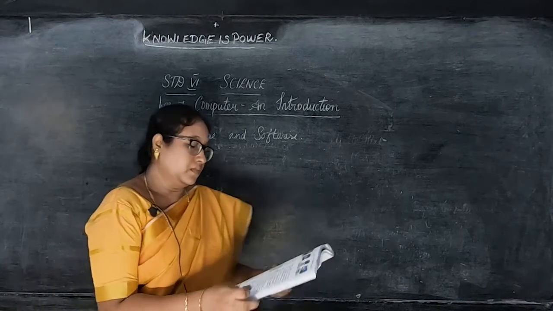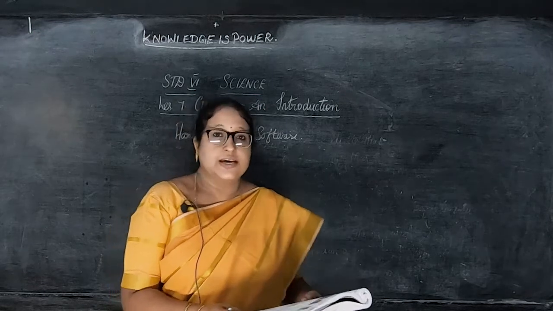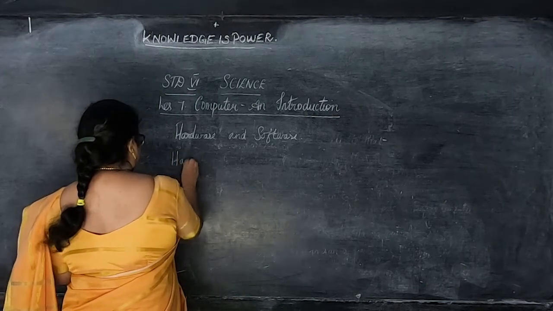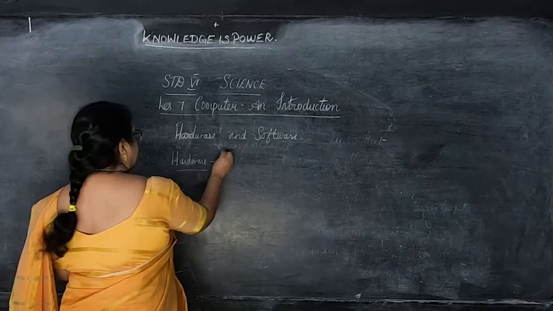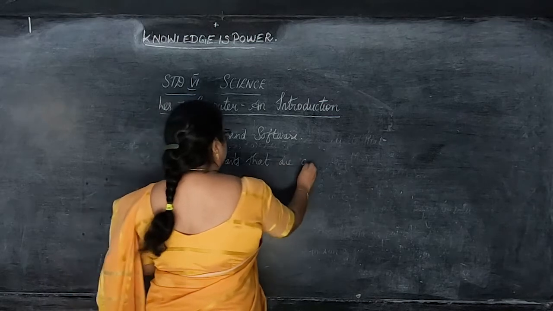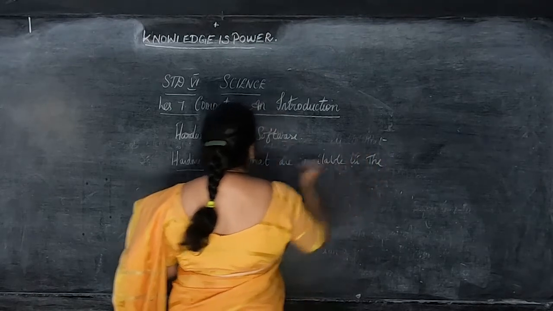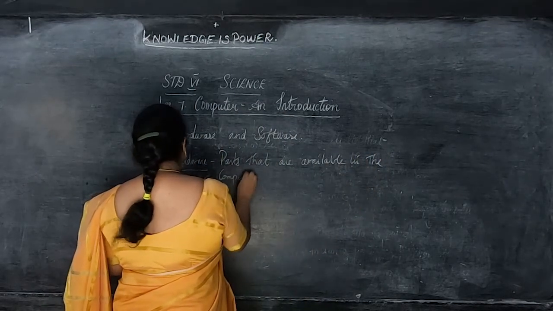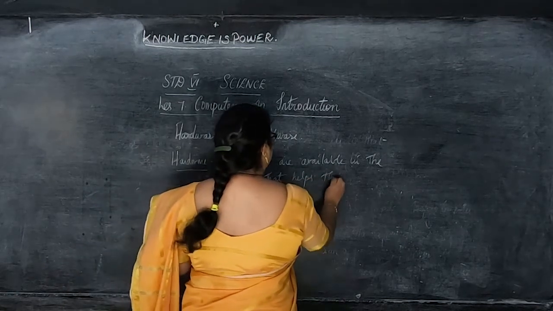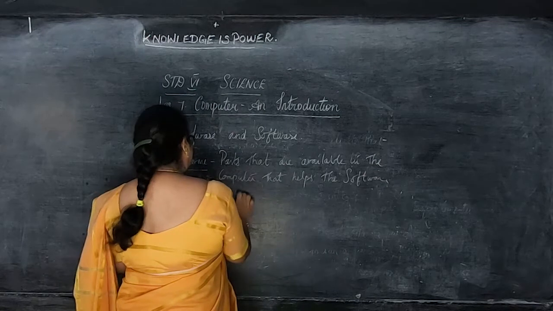Now, the parts that are available in the computer that help the software to work are hardware. So what is hardware, children? Hardware: parts that are available in the computer that help the software to work.